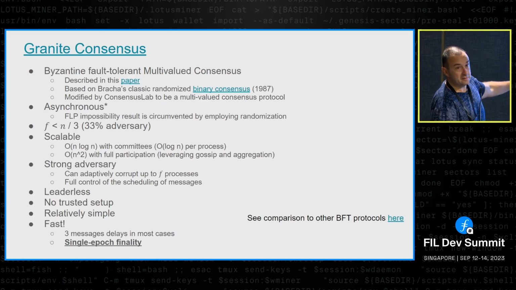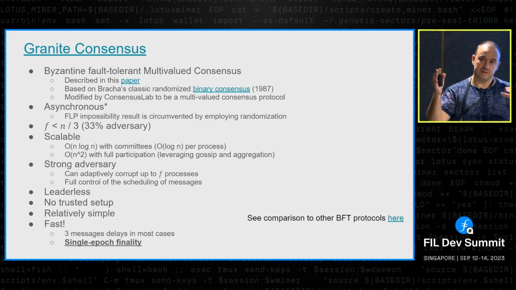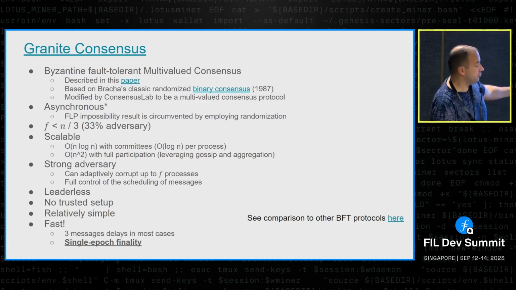It's leaderless, which makes it nice for addressing distributed denial of service attacks. And it's fast. Most of the time its expected latency is 3 message delays over the network, which means we are going to be able to finalize blocks in the same epoch. Let's assume we keep the block time, that's a separate discussion, at 30 seconds for the moment. We would be able most of the time to finalize the block in the same epoch where it is proposed.